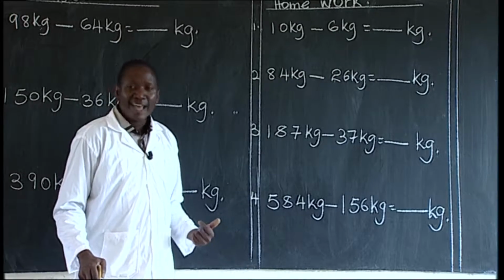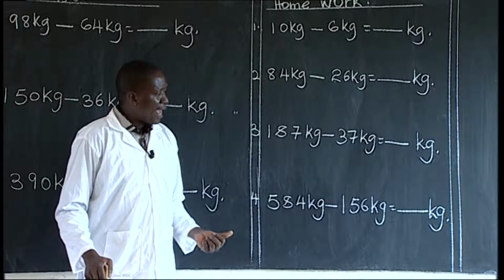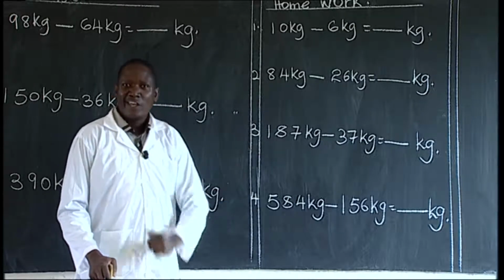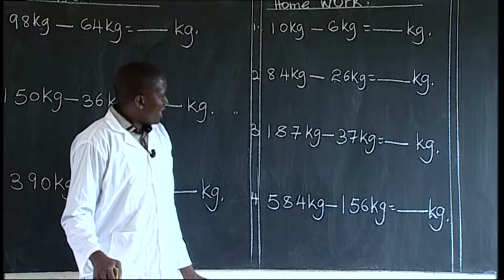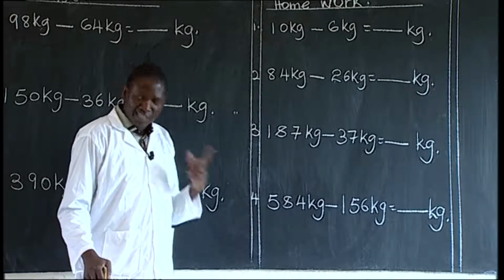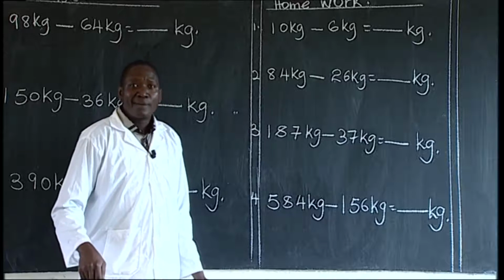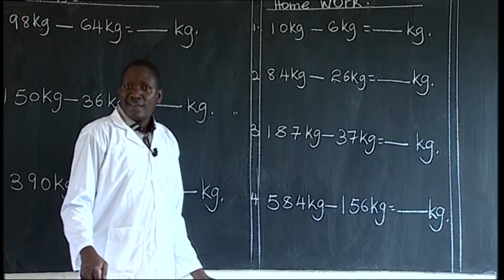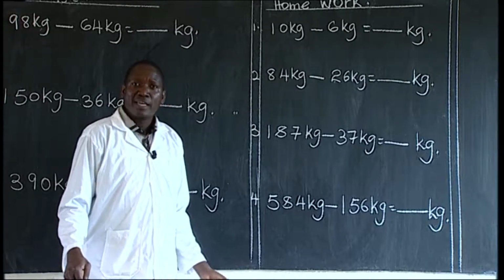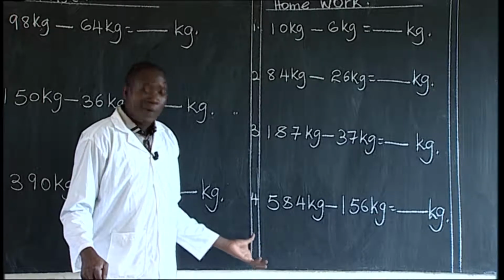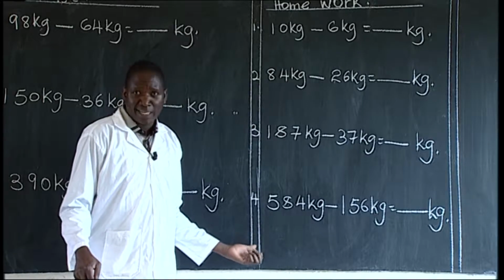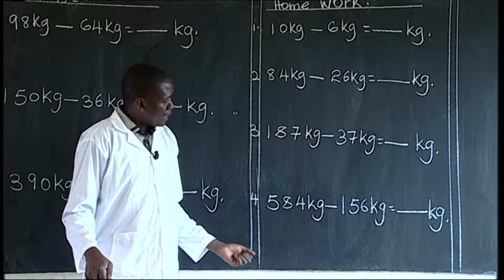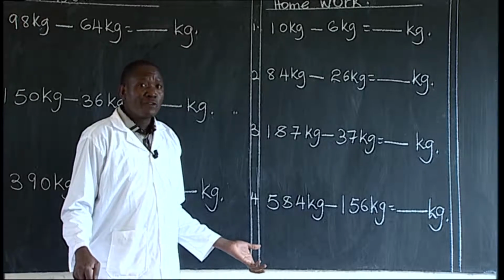Are you there? That is so beautiful. Are you writing? Who has reached on number 3? Good. You are so good. Anybody who is reaching on number 4? Okay. You can try to hurry up, because our time is moving. And remember, we have to respect time for another subject. Who is finishing? Are you about to finish?